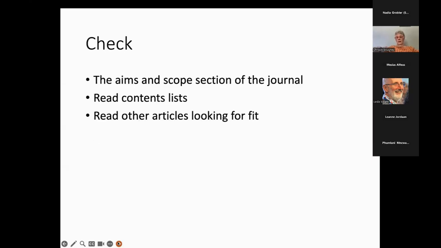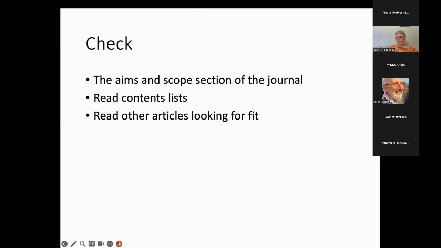So what you need to do is to check the aims and scope section of the journal. And you find that on the web page. You'll find it in a hard copy of the journal. And it will tell you who the intended audience is.